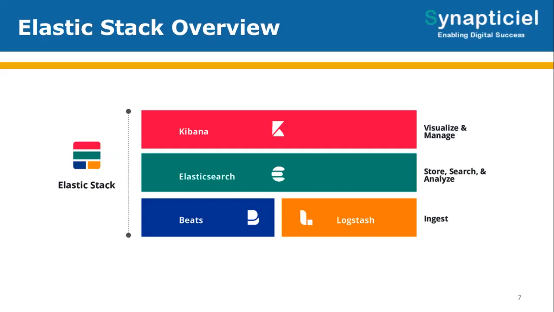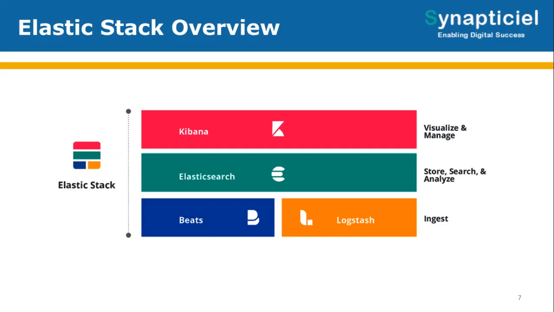On top of the stack, we have Kibana, which serves as the user interface for the stack. It lets you visualize and explore your data, as well as manage and monitor the entire stack.